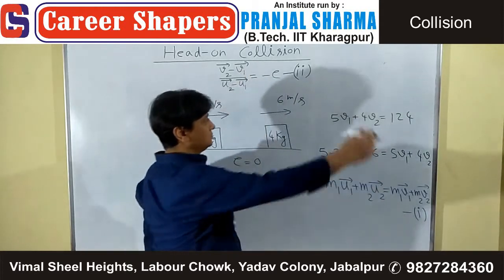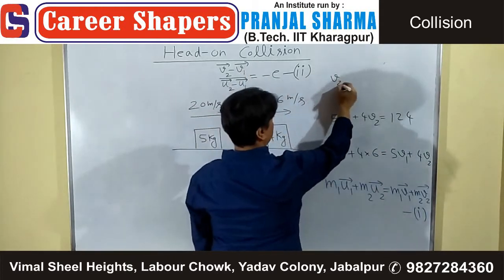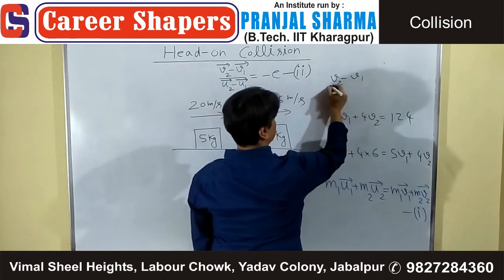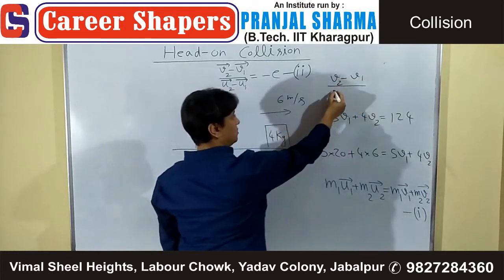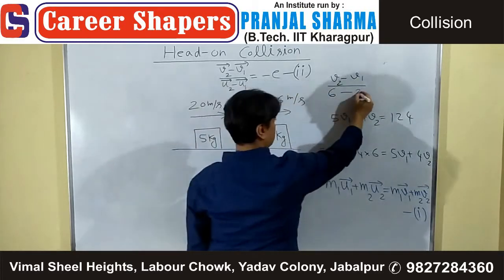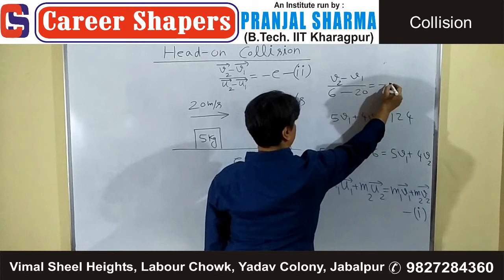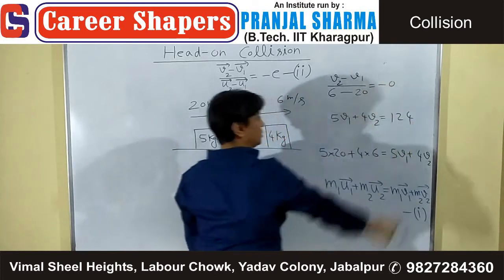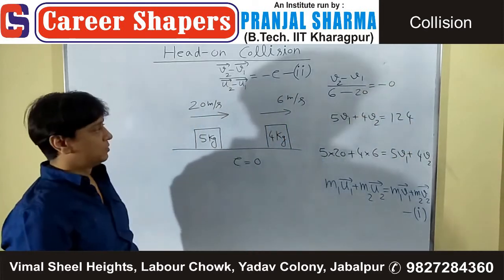Second equation: (V2 minus V1) upon (U2 minus U1) equals minus of E, which is 0.